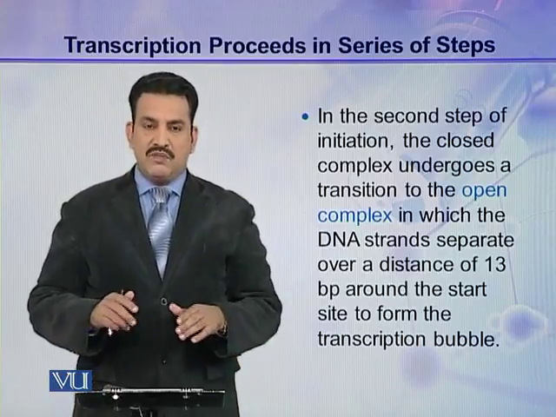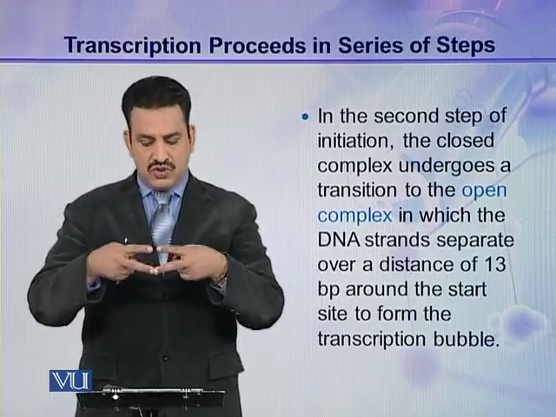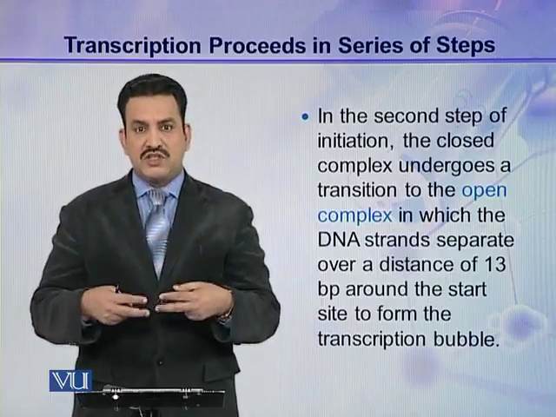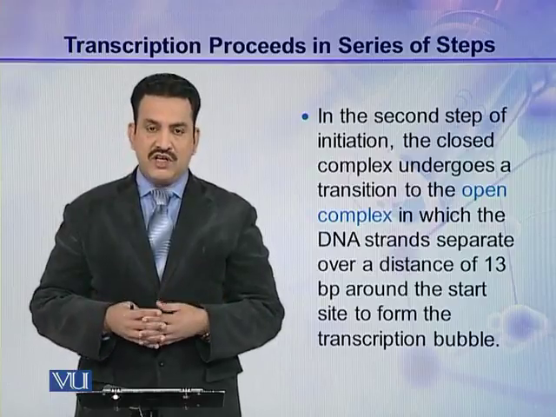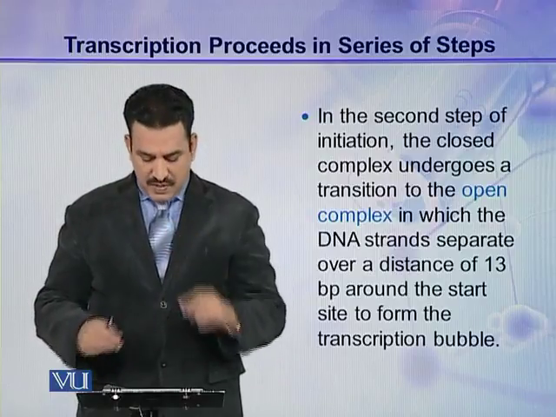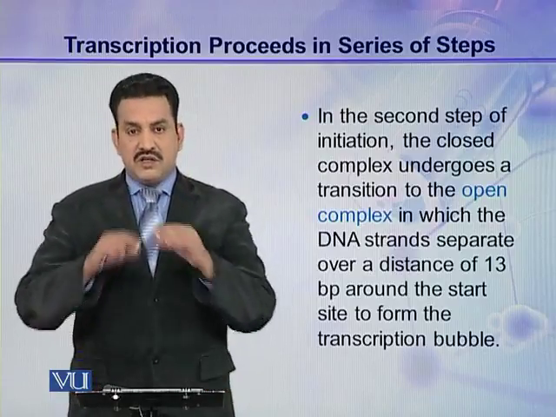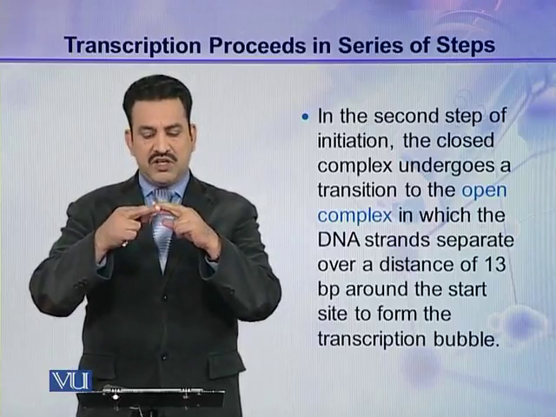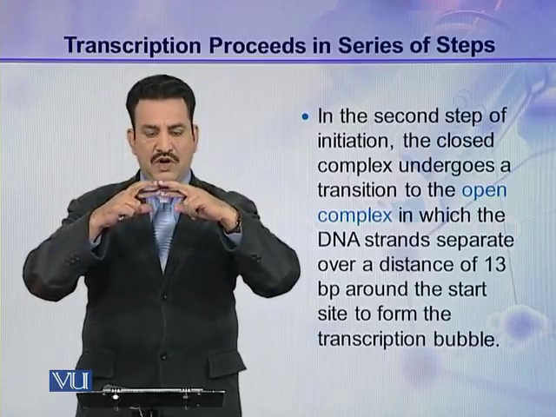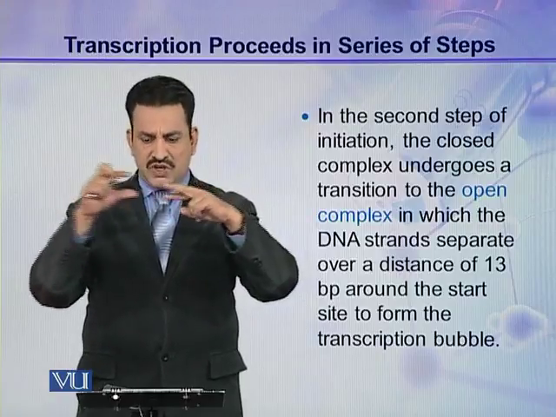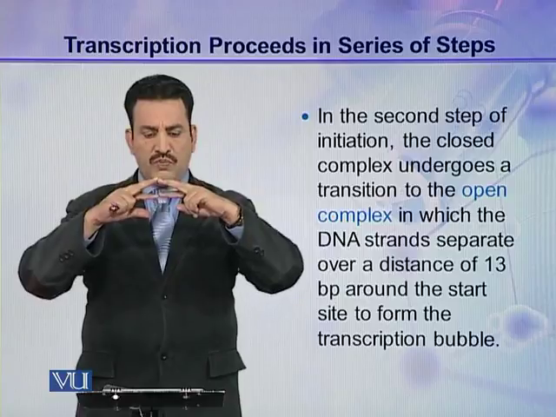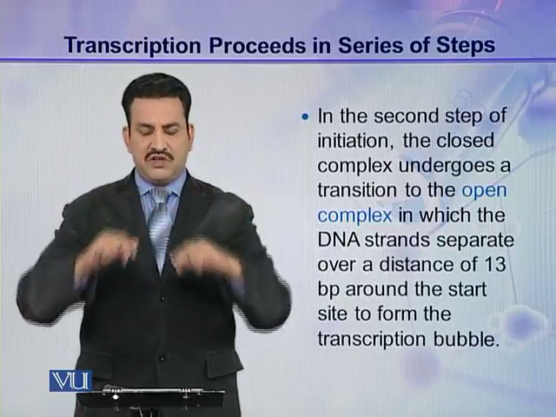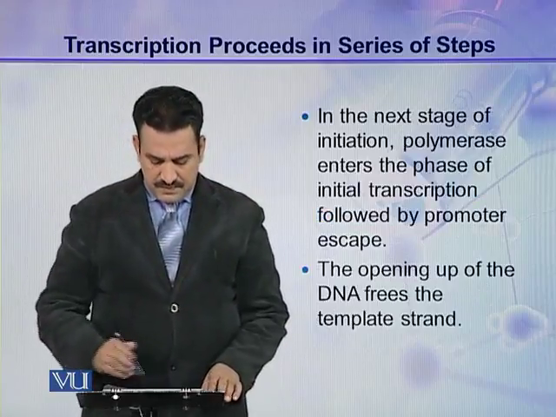So because the DNA is opened up in this step, that's why it is called the open complex. And in this step, the DNA double strand opens. About a 13 base pair long stretch will open up and form a transcription bubble.